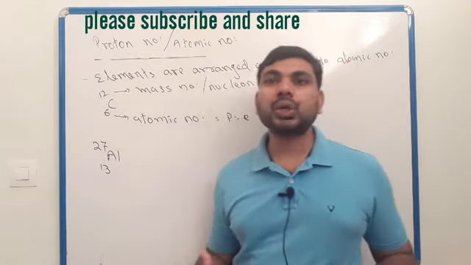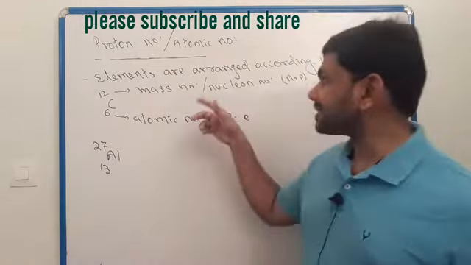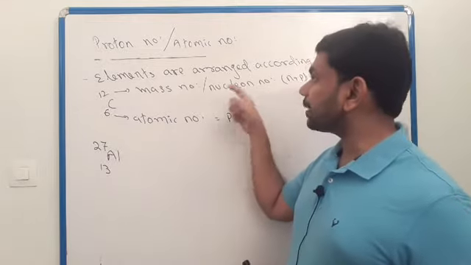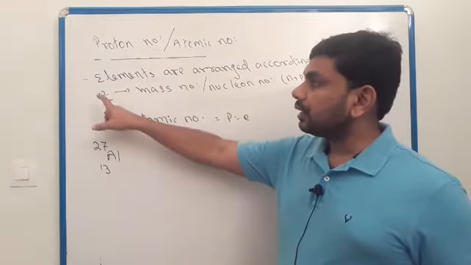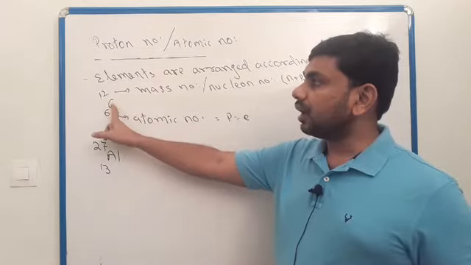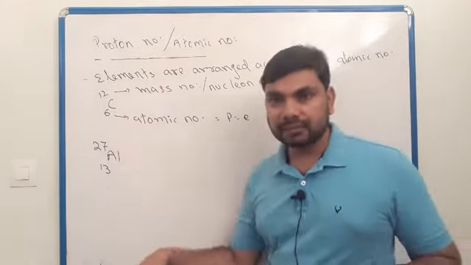Nucleon number or mass number means the total number of neutrons and protons. Neutrons and protons are inside the nucleus, that's why this number is called nucleon number. So the mass number of carbon is 12, and of aluminum is 27.